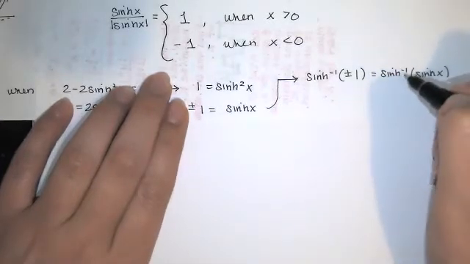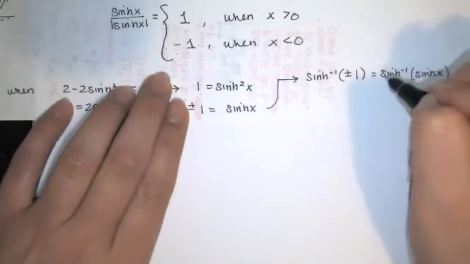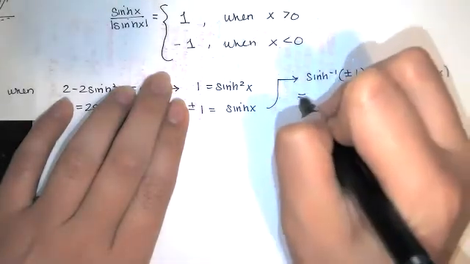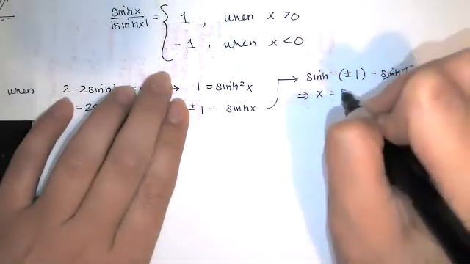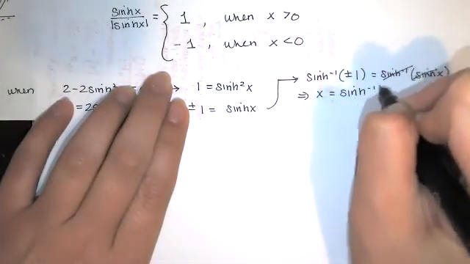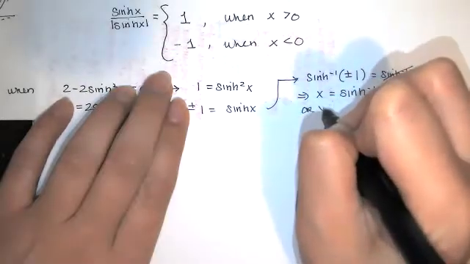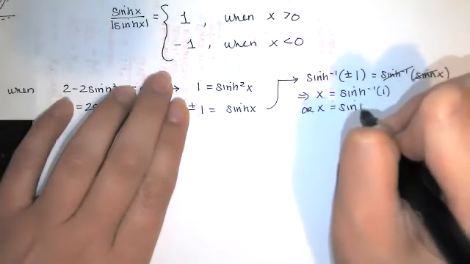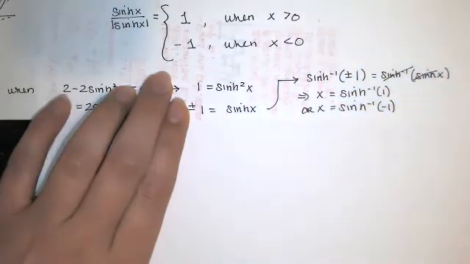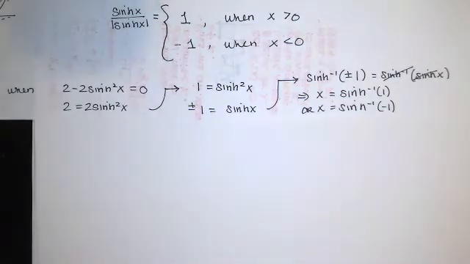And the inverse hyperbolic sine of the hyperbolic sine of x just gives me an x. So x is equal to the inverse hyperbolic sine of 1, or x is equal to the inverse hyperbolic sine of -1. Those are two possibilities.